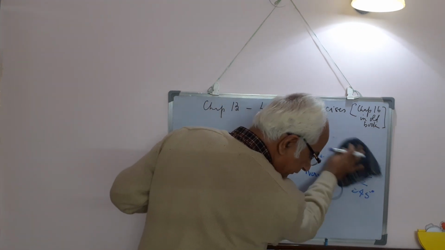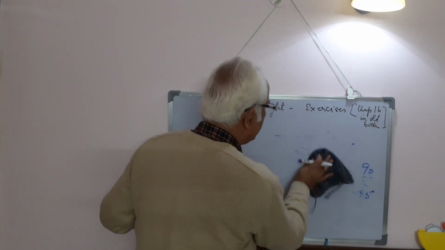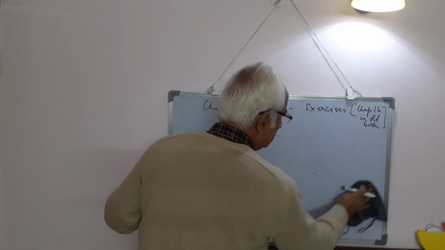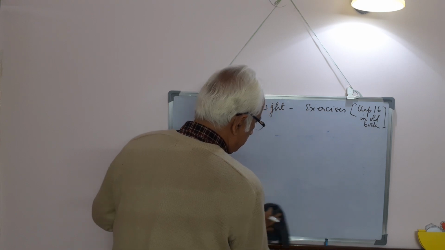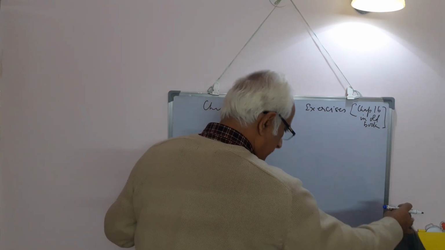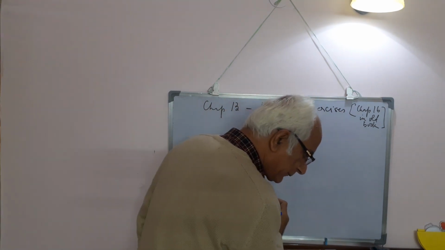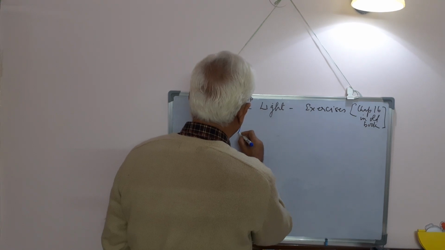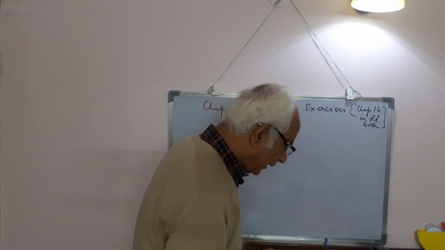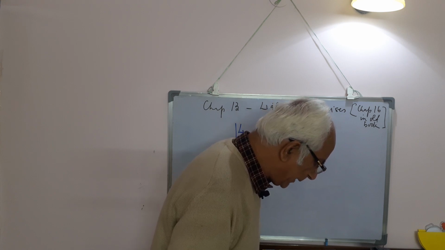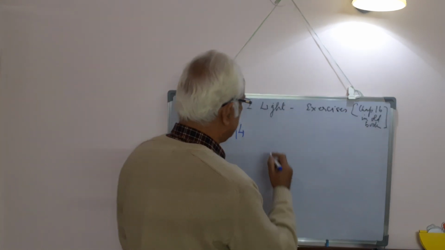So let's come to question number 14, and then I think we can close this video and not make it very longish. Question number 14. How many images of a candle will be formed if it is placed between two plane mirrors separated by 40 centimeters?